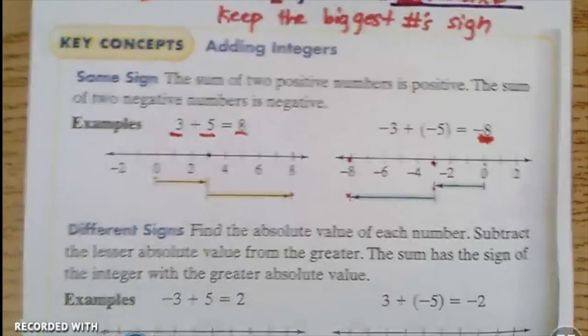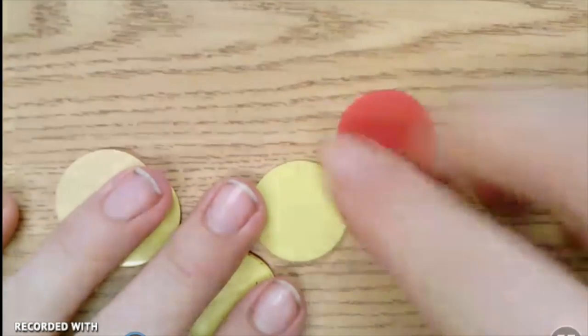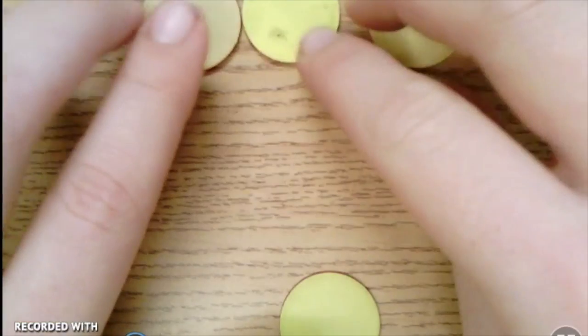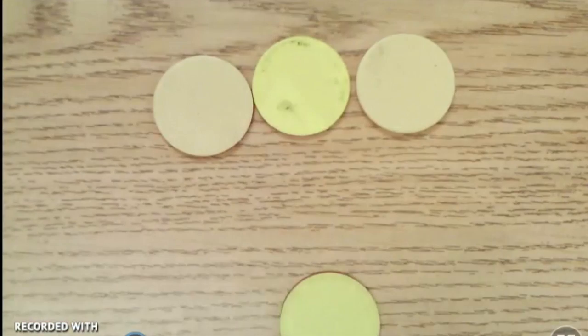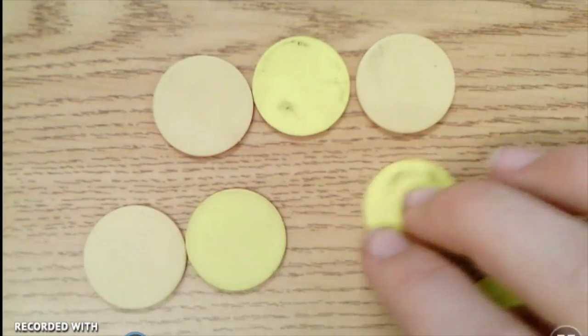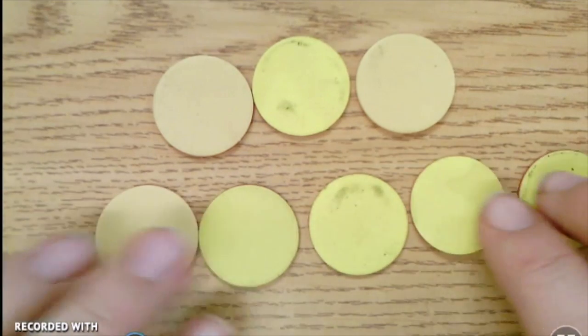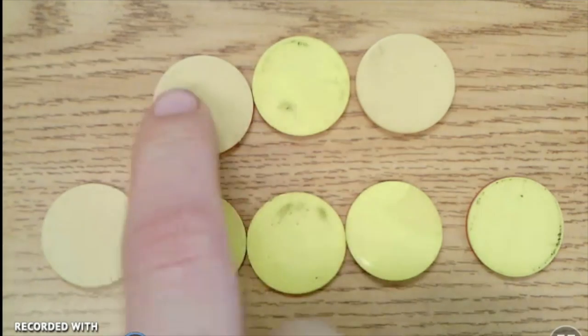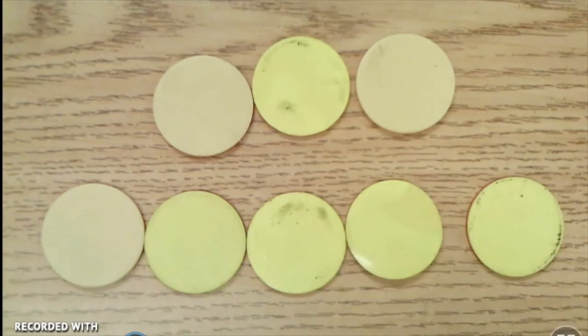So that's pretty simple. If I were to model that with chips, okay, yellow is going to be positive and red is going to be negative numbers. So if I had 3 positive chips and I added another 5 yellow chips, well, then when I count them up, I've got 3 plus 5, which is 8 yellow chips, right?